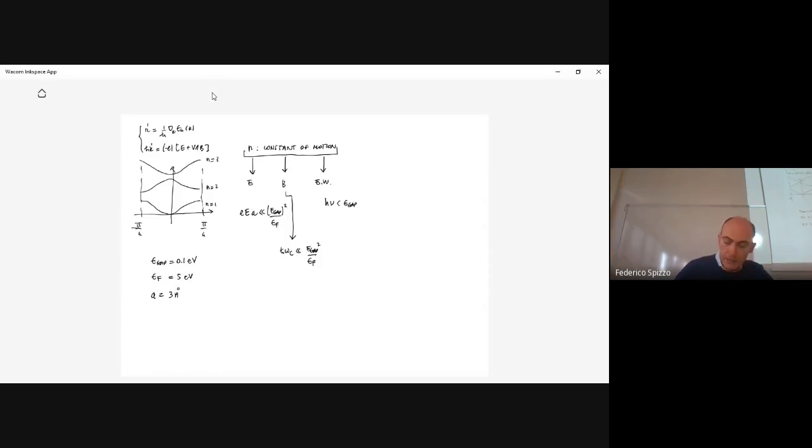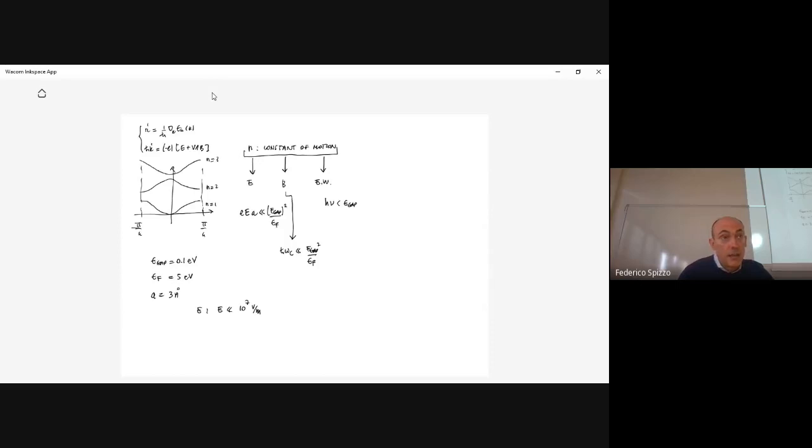Using the first condition, we have a limitation on E, because E should be much smaller than E gap squared divided by EF and divided by the electronic charge and the lattice spacing. So concerning the condition on E, E should be much smaller than something of the order of 10 to the 7 volt per meter.